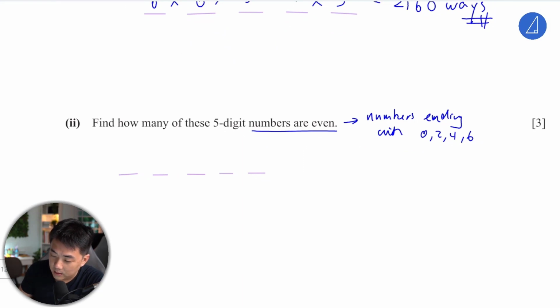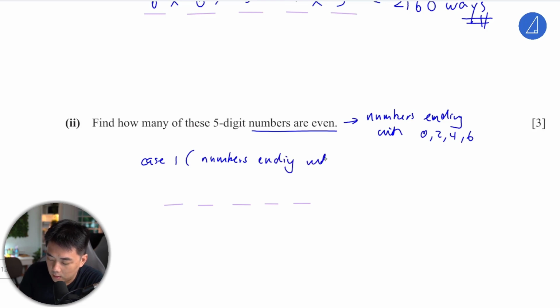Case 1 is numbers ending with 0. If I put 0 here, I predefine it already, so the only choice I have is 1. This is predetermined.